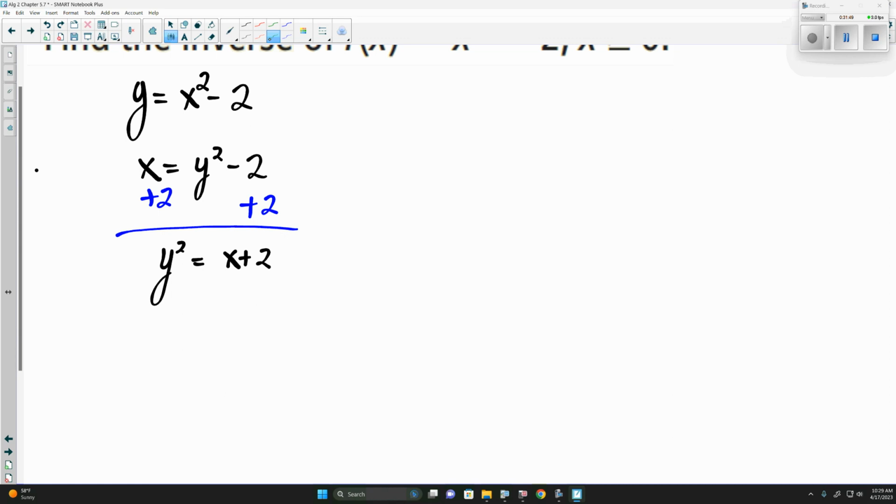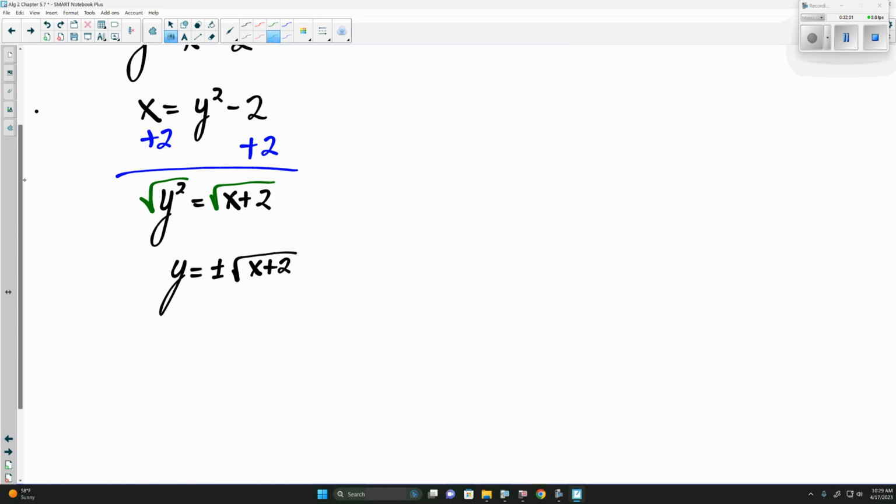Then we would square root both sides, telling us y is equal to plus or minus the square root of x plus 2. Now, since x in the original function was greater than 0, the y values are also going to be greater than 0. So we wouldn't need the plus or minus. We would just have the square root.